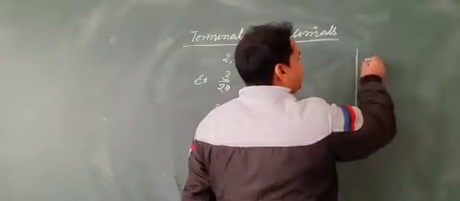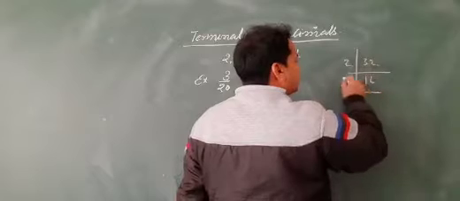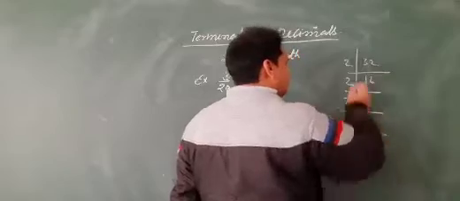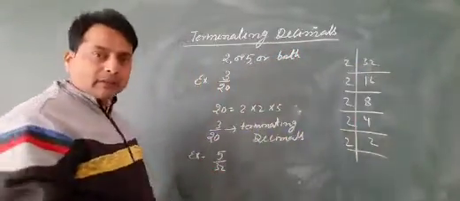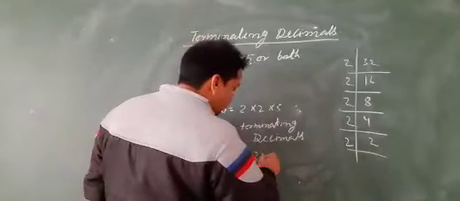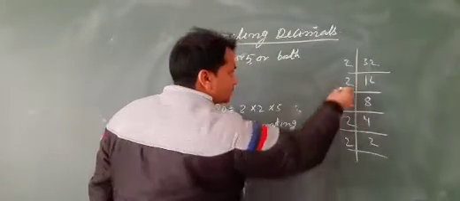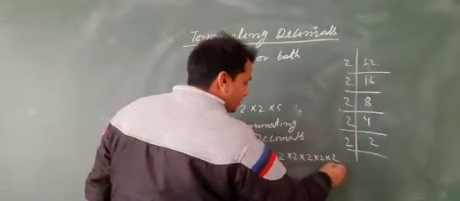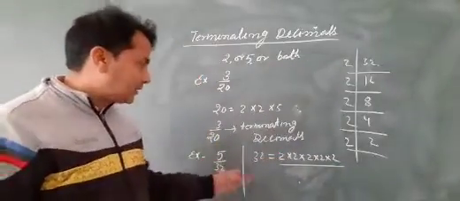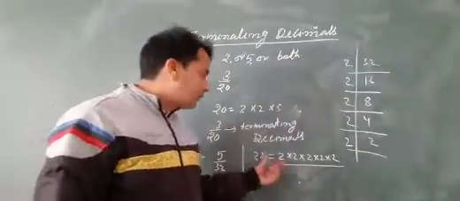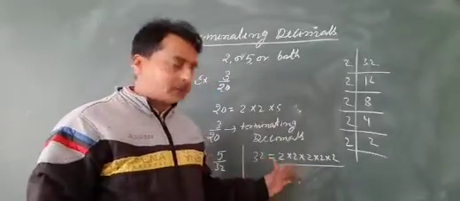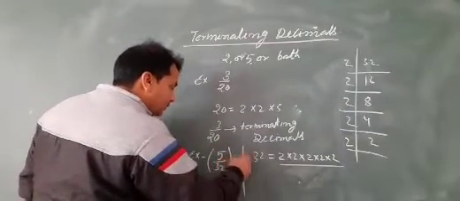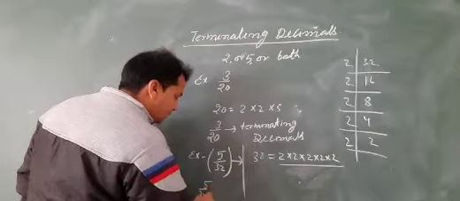The prime factors of 32 are 2 into 2 into 2 into 2 into 2. So it is clear that the prime factors of 32 are only 2, so it can be in the form of a terminating decimal.